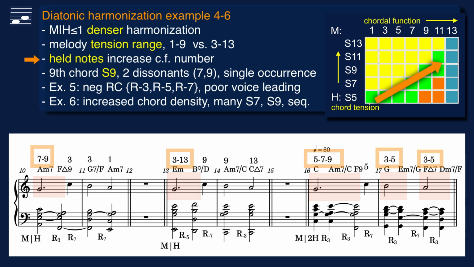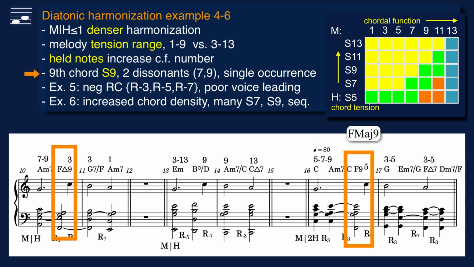I stayed in the safe, the green squares band in the chord structure selection table in the top right. New in this solution set is the occurrence of the 9th chord, S9. This contains two dissonant chordal functions, 7 and 9, that require correct preparation and resolution. Note that I failed in properly resolving the strongest dissonant 9.